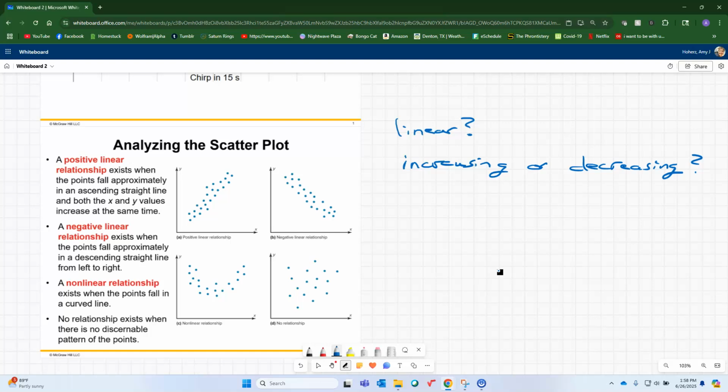And then if it's not linear, is there some relationship? So if it's not a linear relationship, is there any kind of relationship?